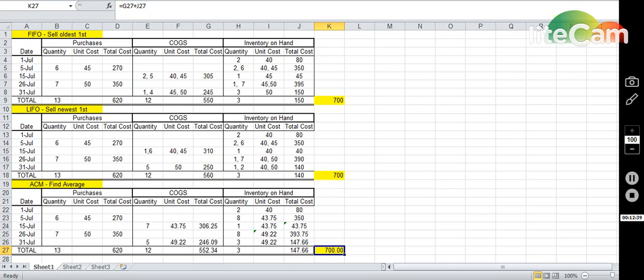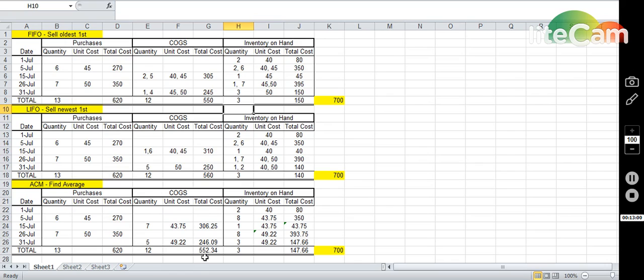But the point that we want to focus in on, I want to show you, is that with all 3 methods, my inventory on hand plus my cost of goods sold will be the same. Okay, if one goes up, the other will go down by that same amount. Okay, it's our seesaw on the playground effect.